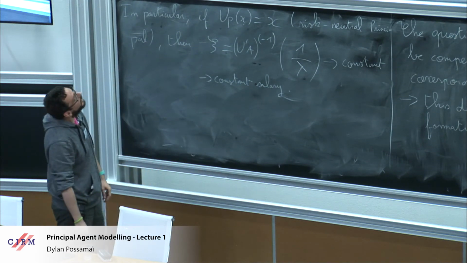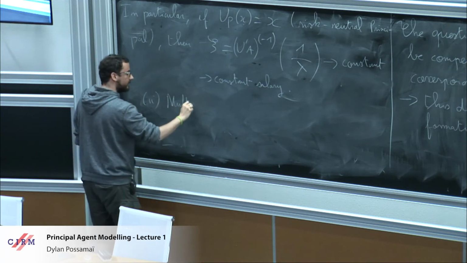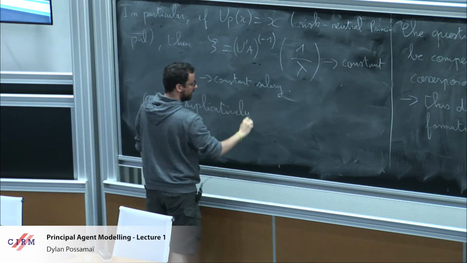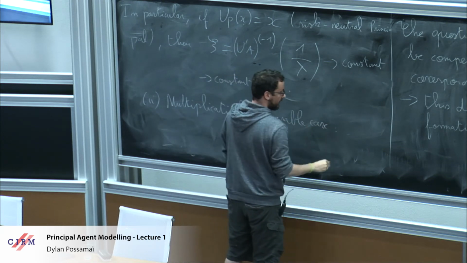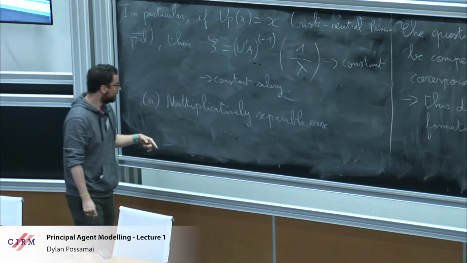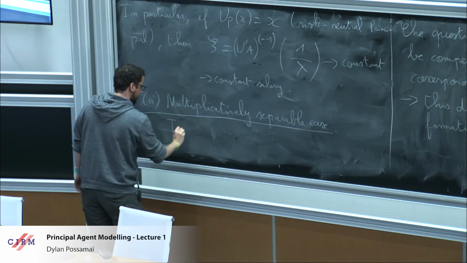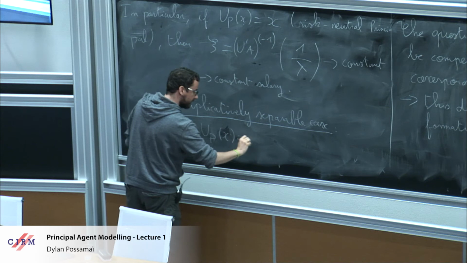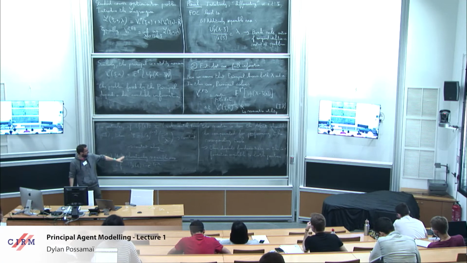So if you do the same computations in the multiplicatively separable case, that was the one where the agent had exponential utility. If the principal also has exponential utility, okay, so his utility is like this.